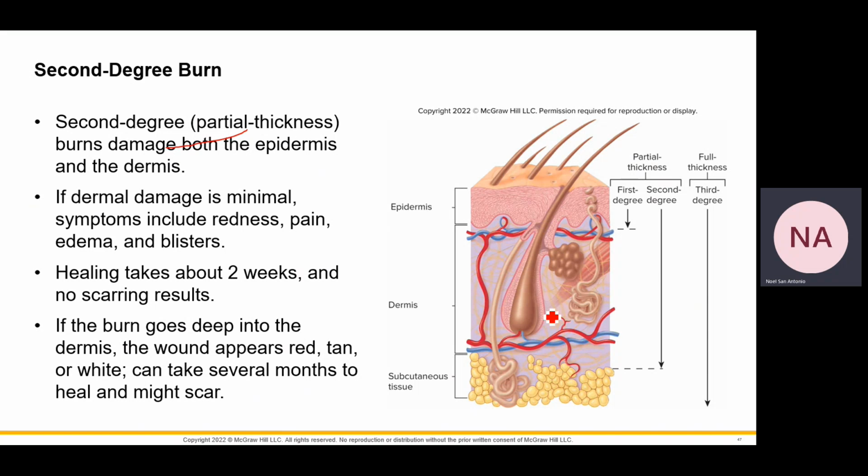Ibig sabihin, affected na pati ang dermis. Malalim. So ibig sabihin, pag dermis ang affected, it can affect all of those structures located in the dermis. Anong pagkakaiba? Paano mo malalaman? How do you know, just by ocular examination, that the depth of the burn is already second degree?